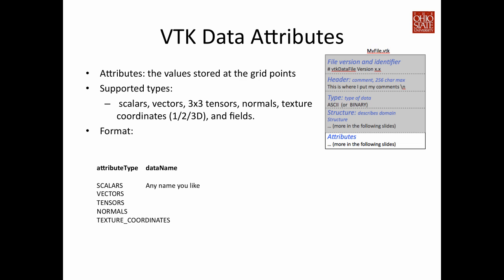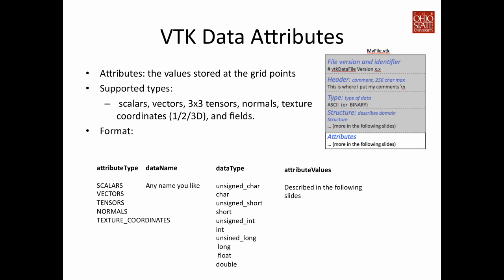After that, we need to provide a name for each attribute. This name will allow the user to retrieve a specific attribute later that they want to visualize through the VTK APIs. After the data name, we need to provide the type of the attribute. Finally, the actual attribute values need to be provided.